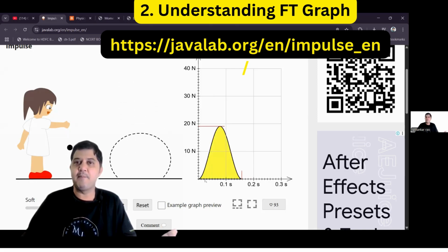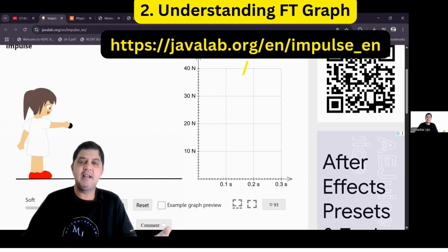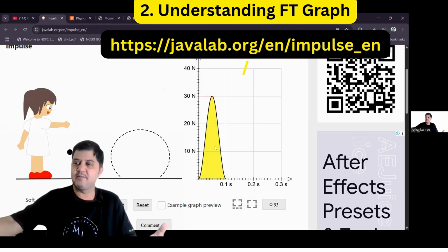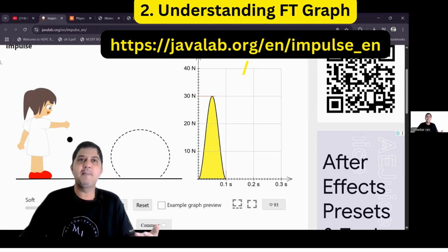And the time of impact has also been reduced. As the hardness of the surface keeps on increasing, the force which acts on the ball while it rebounds is also much higher, and as a result the force multiplied by time also becomes larger. Now let me move on to the next one.